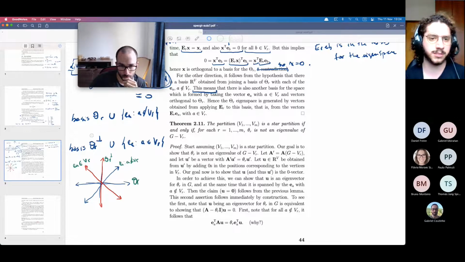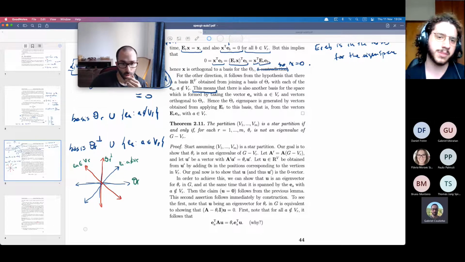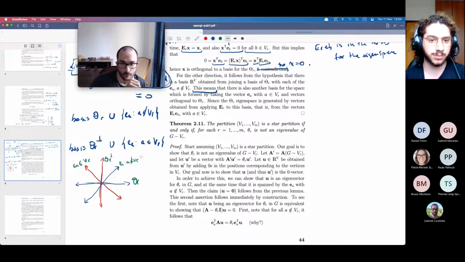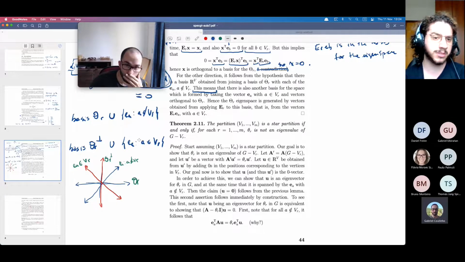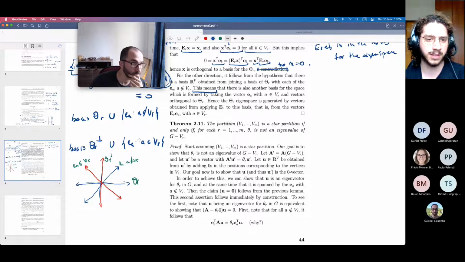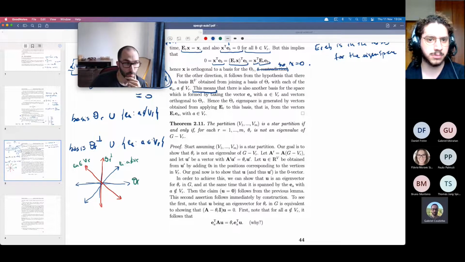Since this vector is in the orthogonal space of theta r, this product would be 0. But then you multiply this vector by E sub A, and it will also be 0. So this vector is not in the basis of theta r, neither in the span of E sub A, but it is a non-zero vector. So it would not be in the whole space.